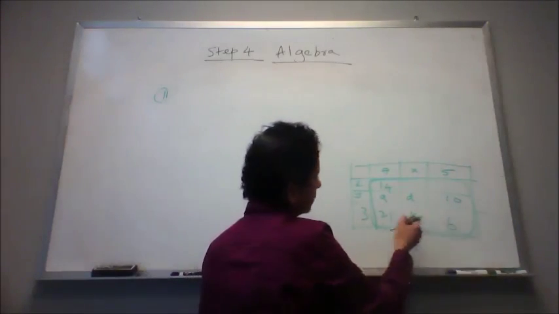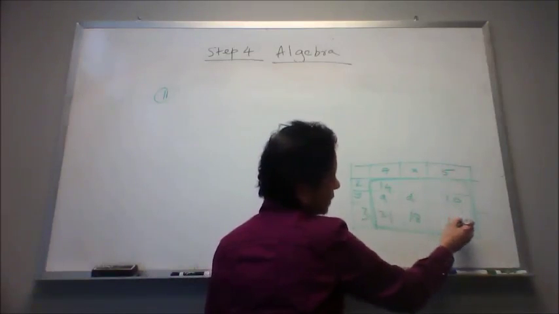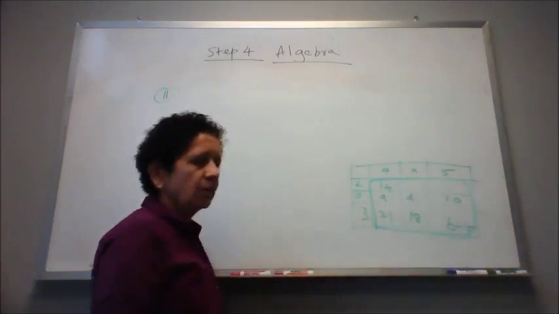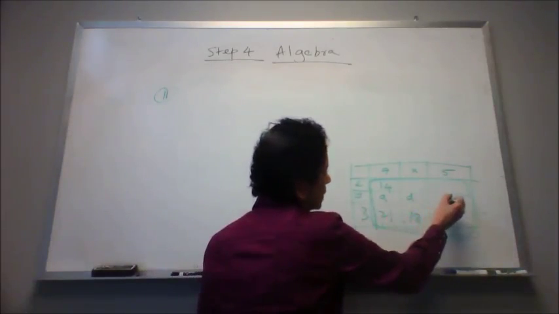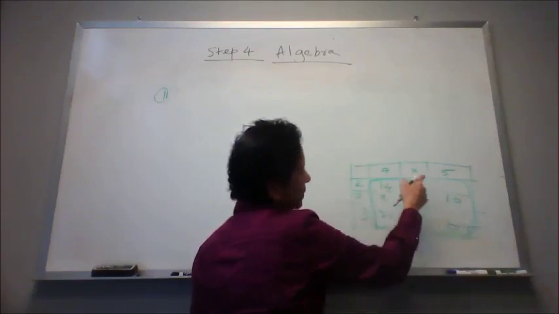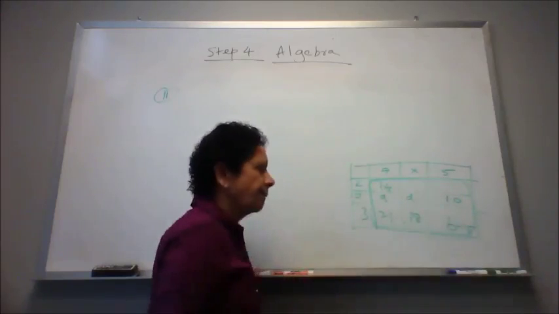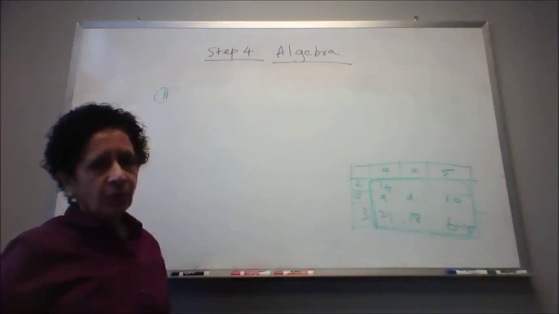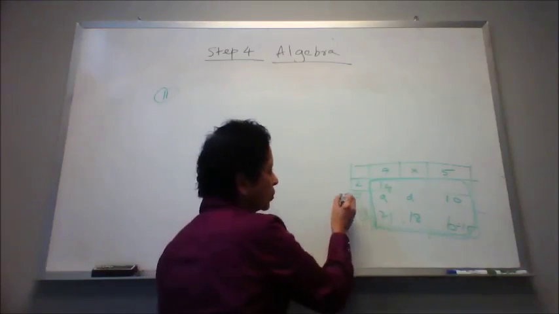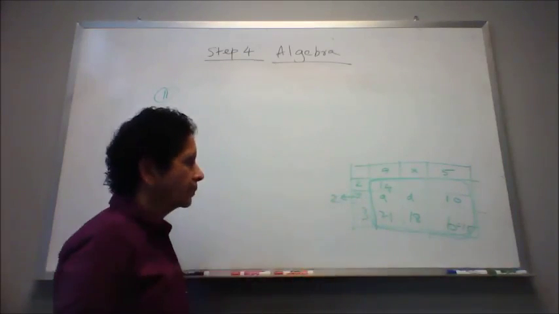B is 3 times 5, 15. So B is 15. Now Y times 5, 5Y is 10. 5 times something is 10. So 5 times 2 is 10, so Y is 2.